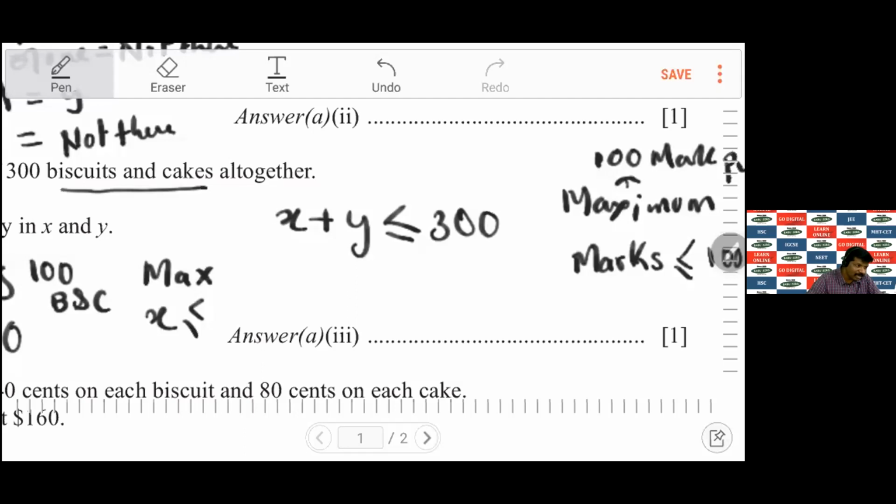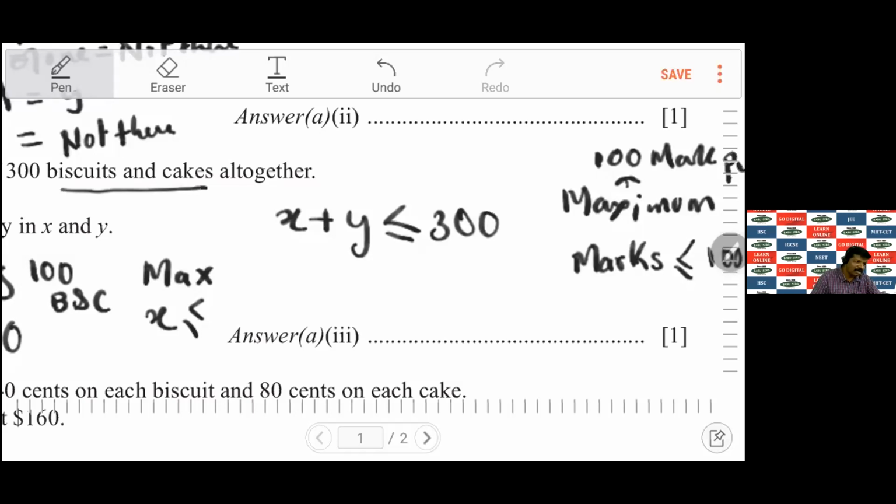Great. Now, if you buy biscuits and cakes, every time you get a bill. Suppose you go to Big Bazaar or something, and when you try to cross the gate, they will always check how many bags you have. In that bill, it will be written 5 bags.